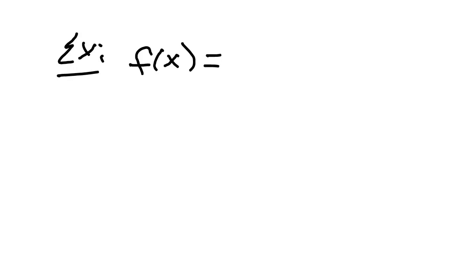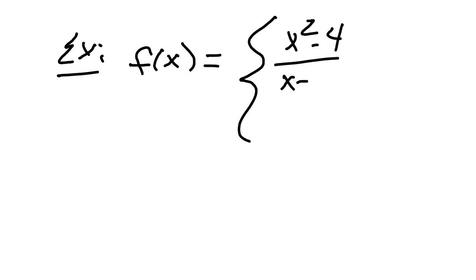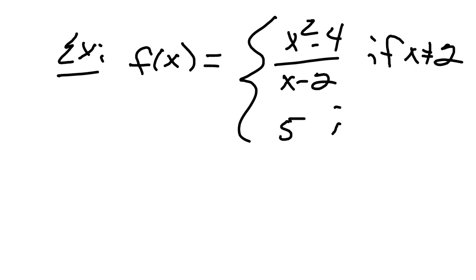So one more quick example of why you can't just plug in. What if I had a split function? So for example, if I have f of x as a split function and it equals x squared minus 4 over x minus 2 if x is not equal to 2, and it's going to equal 5 if x does equal 2.